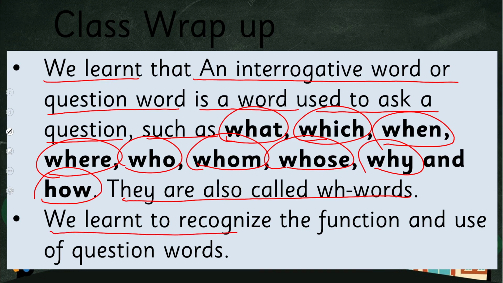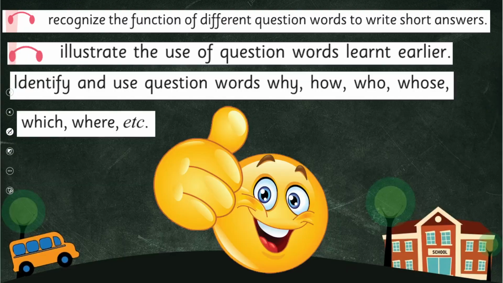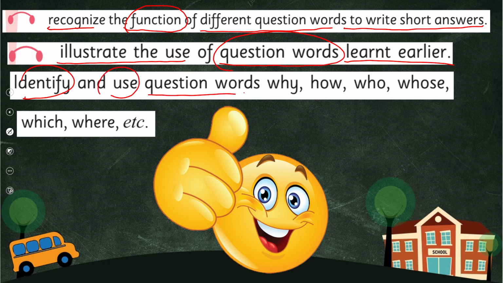We learned to recognize the function and use of question words. So in this way, we achieved our SLO to recognize the function of different question words, to write short answers, illustrate the use of question words learned earlier, and identify and use question words: why, how, who, whose, which, where, etc.